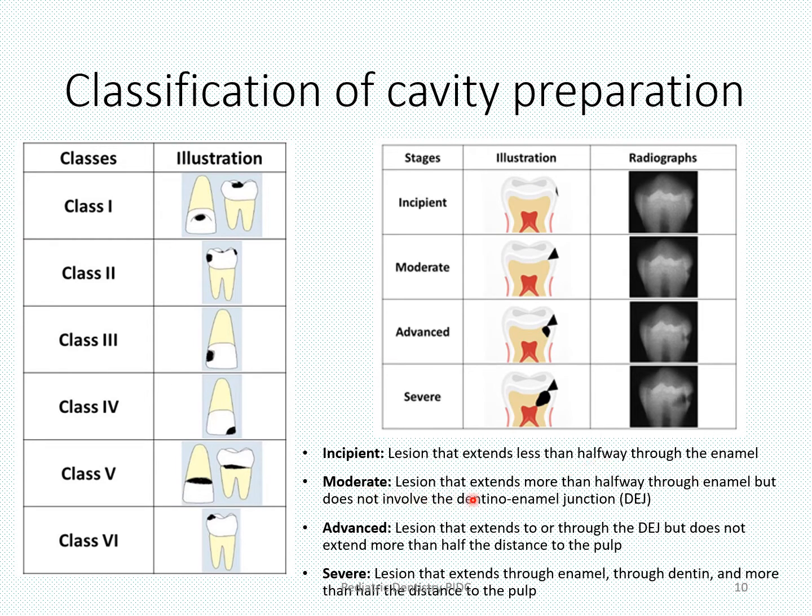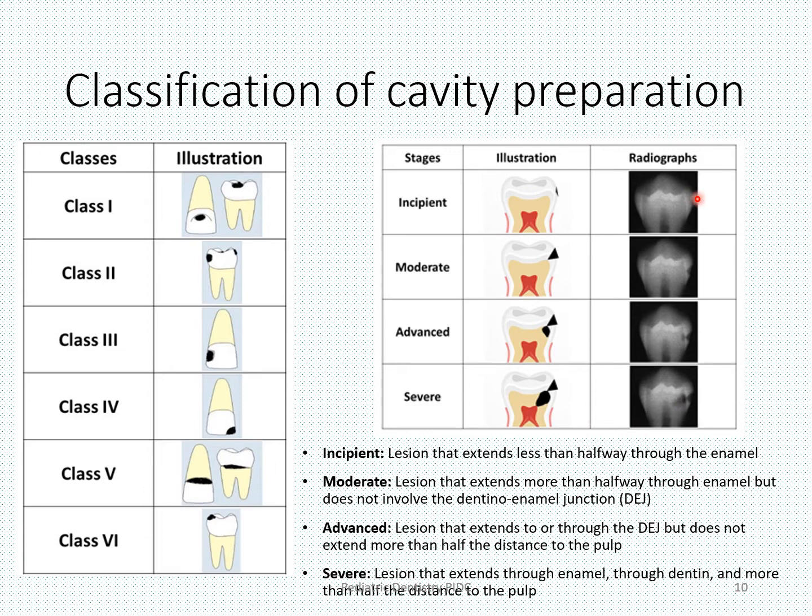Moderate is a lesion that extends more than half through enamel but does not involve the dento-enamel junction. Advanced is a lesion that extends to or through the DE junction but does not extend more than half the distance to the pulp. That means only half of the thickness of the dentine is involved. And of course, severe is a lesion that extends through enamel, through dentine, and more than half the distance to the pulp. So it's very close to the pulp.